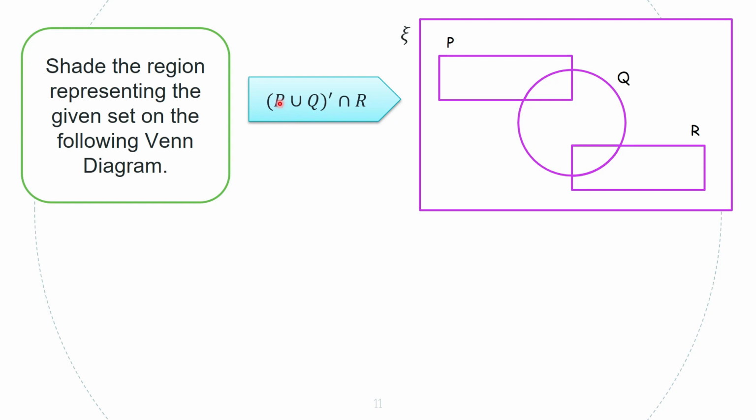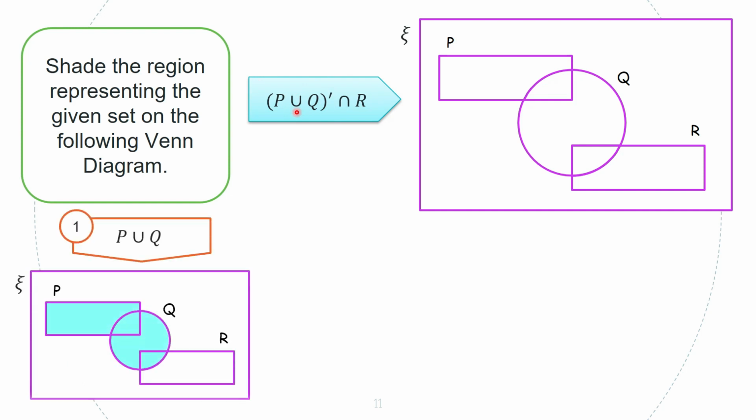Bracket P union Q, the complement of set P union set Q, intersect with set R. This is the Venn diagram. First, we must determine the bracket first. Before we find the complement, we determine P union Q first.